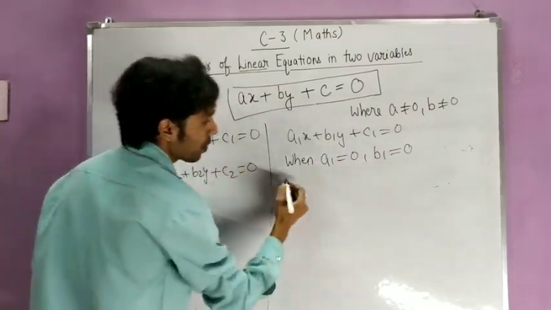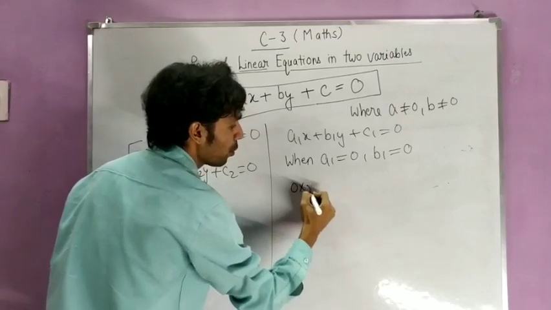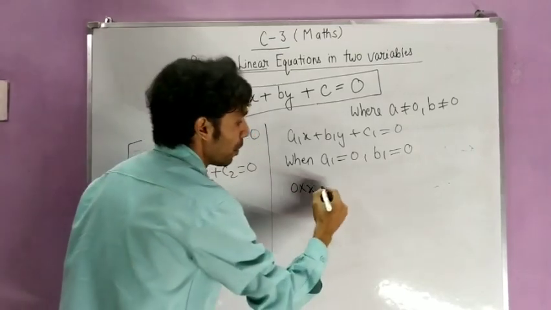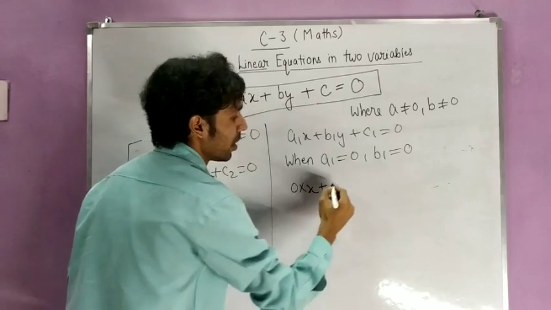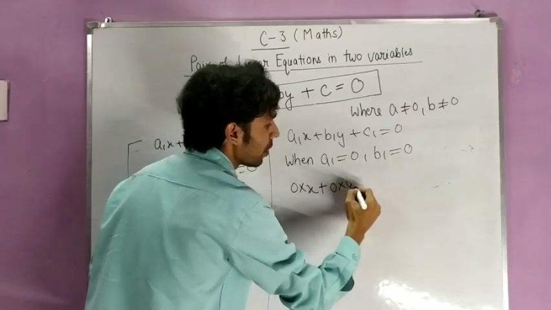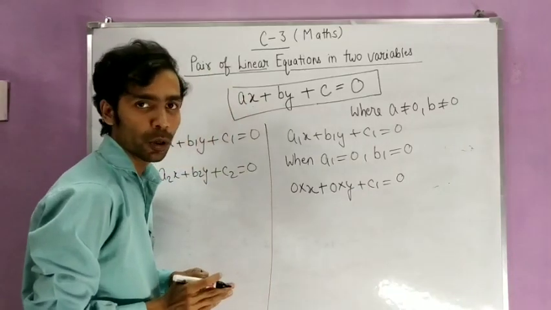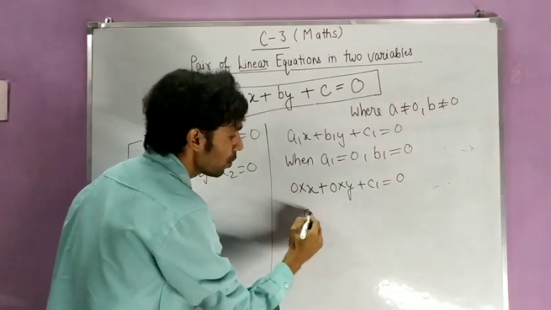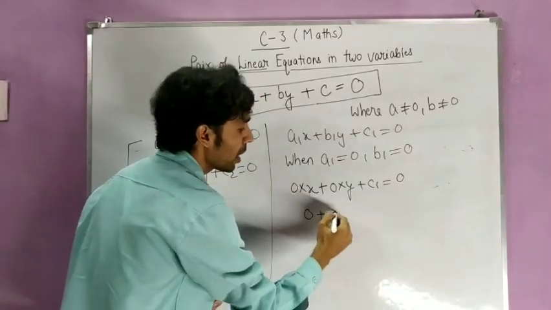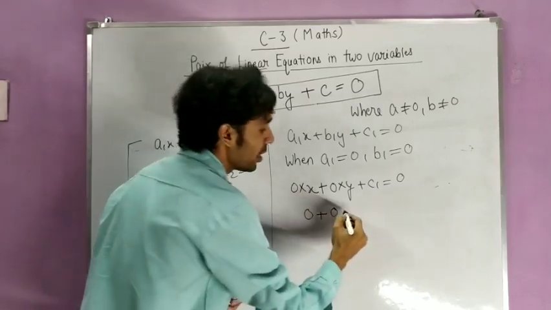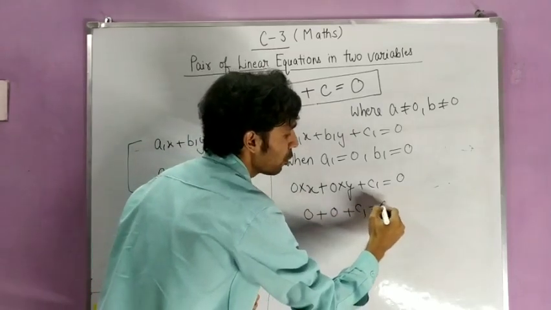Let's put 0 into x plus 0 into y plus c1 equal to 0. Okay, now this will become 0, this will also become 0, and this will become c1 equal to 0.